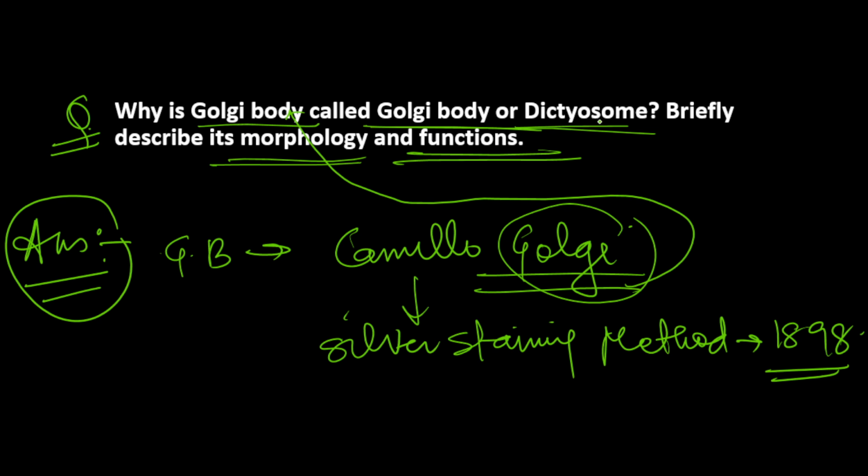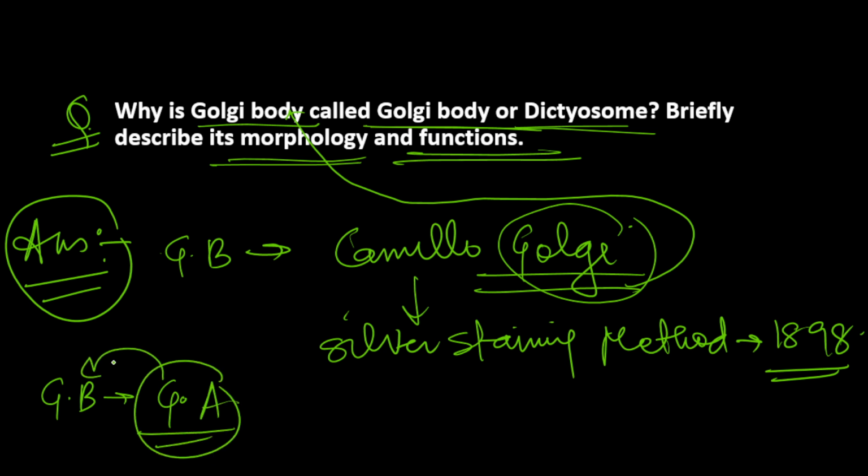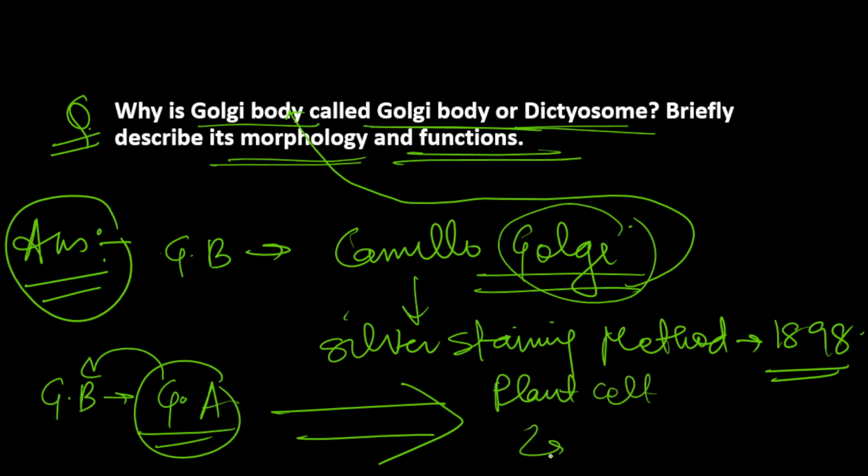Now, why dictyosome? In animal cells, this Golgi body is generally known as Golgi apparatus. They also refer to it as Golgi body, but it is also referred to as Golgi apparatus. This is an animal cell. But when you move to plant cells, it is referred to as dictyosomes.